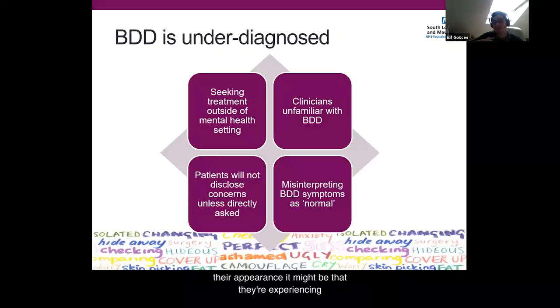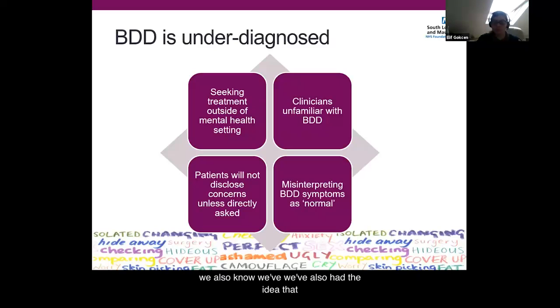They might be experiencing a lot of embarrassment and shame when describing their concerns, which can make it hard to open up. They might also not want to draw attention to the aspects of their appearance they're worried about, which makes it less likely they'll share these difficulties and means the condition goes underdiagnosed.